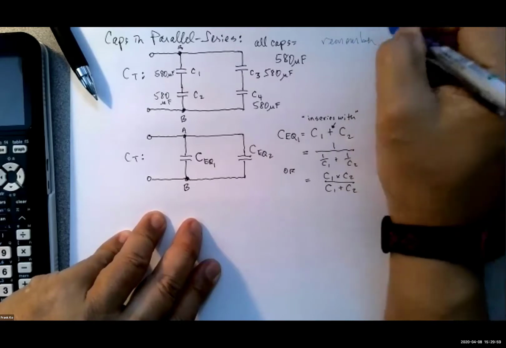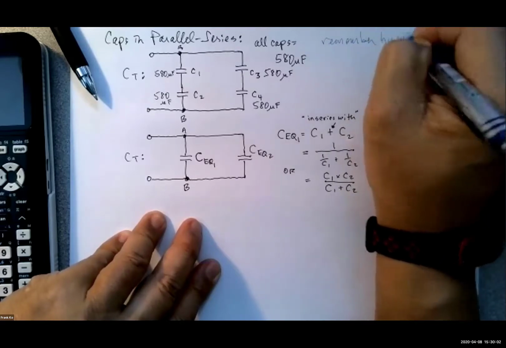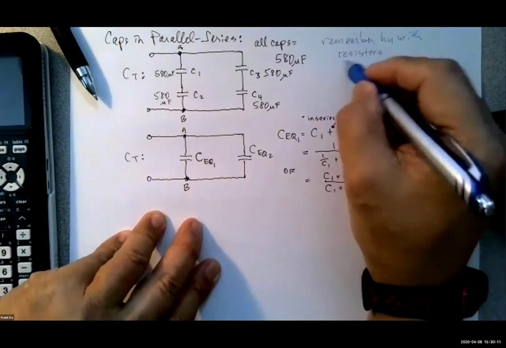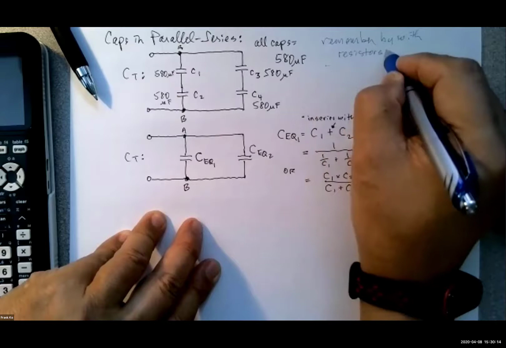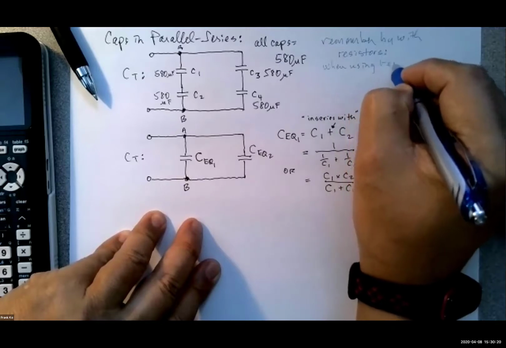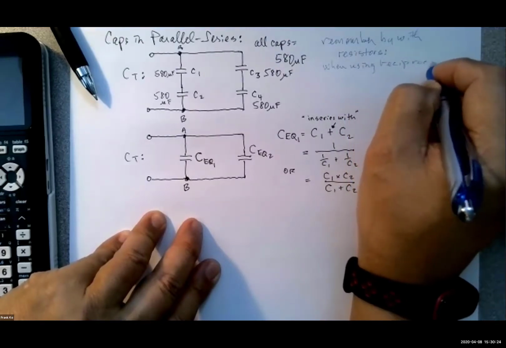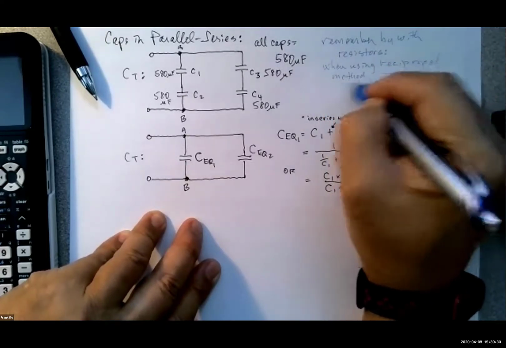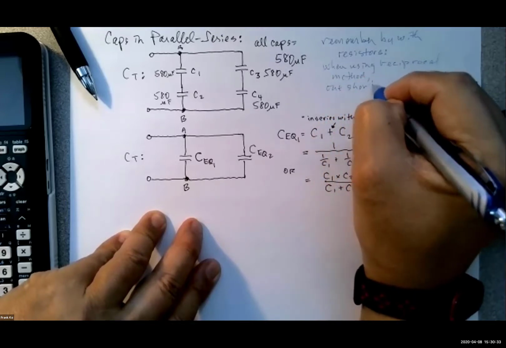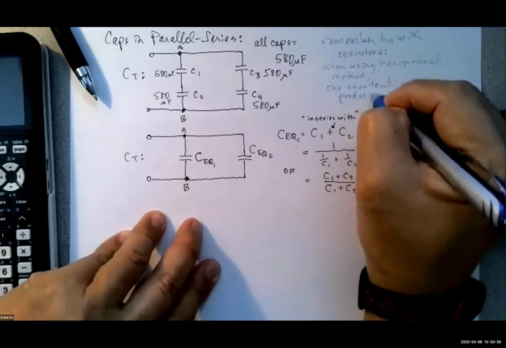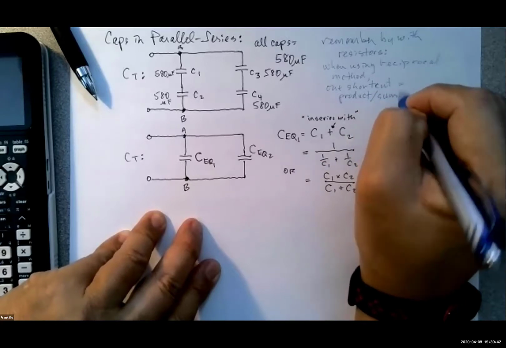Remember, back with resistors, when using the reciprocal method, one shortcut was equal to something called product over sum, which is what we have over here.